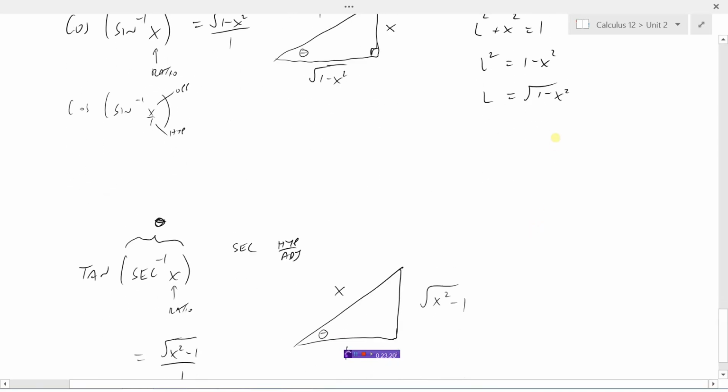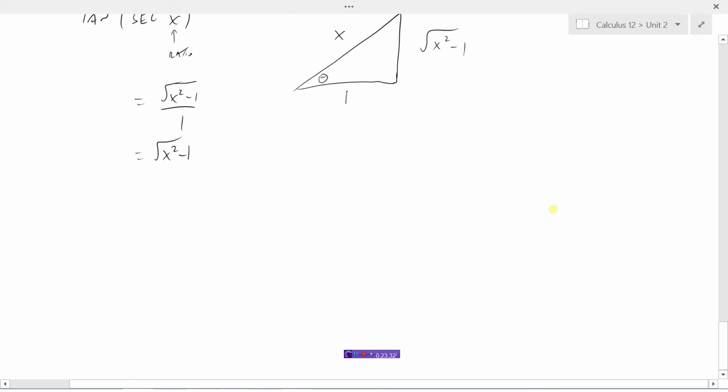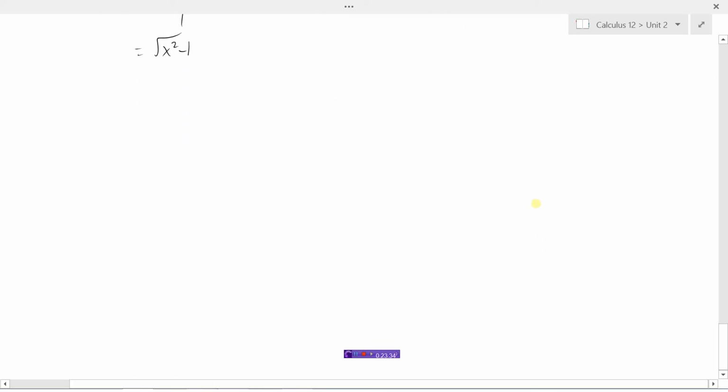It's not exactly the same as the last ratio there, but similar. Root x squared minus 1. We'll look at one more example here. How about we do the tan of the inverse sine of x.